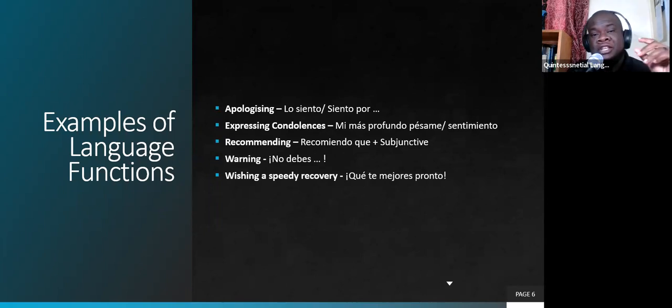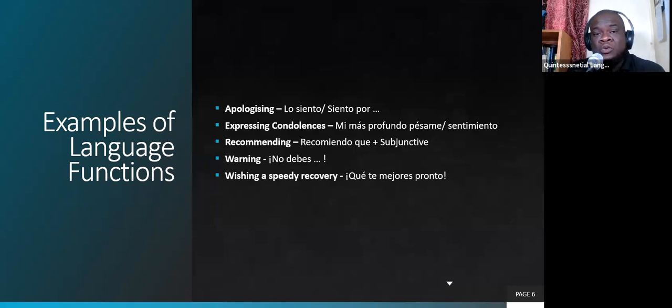And in every single situation, you will find a keyword that CXC is giving you as a hint to tell you, I want you to use some form of the language that is instructing. Or I want you to use some form of the language of Spanish that is a way of apologizing.